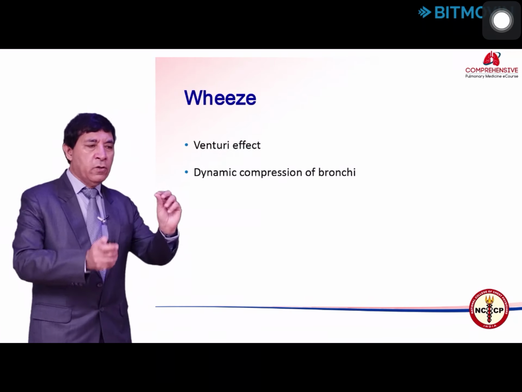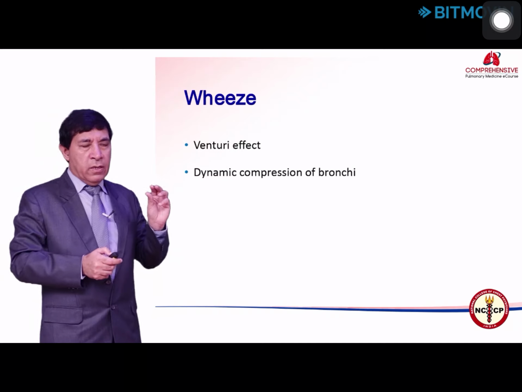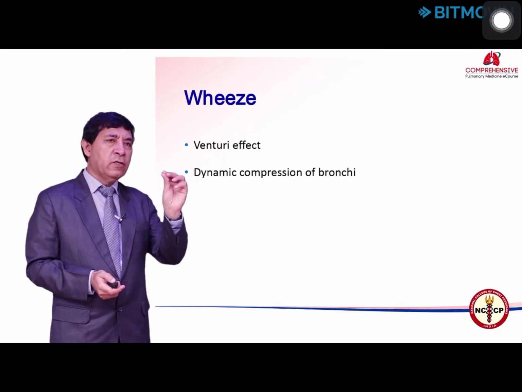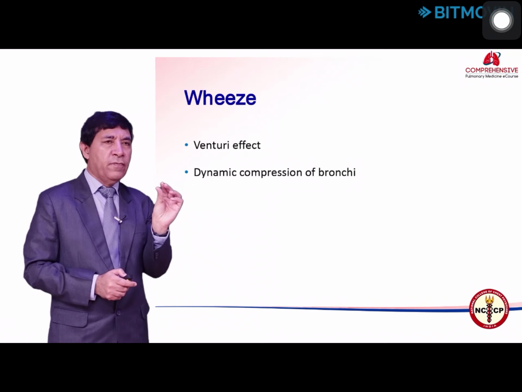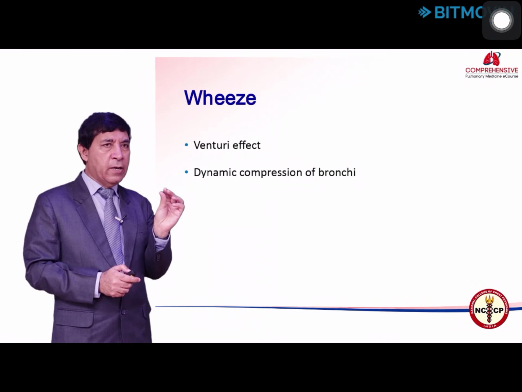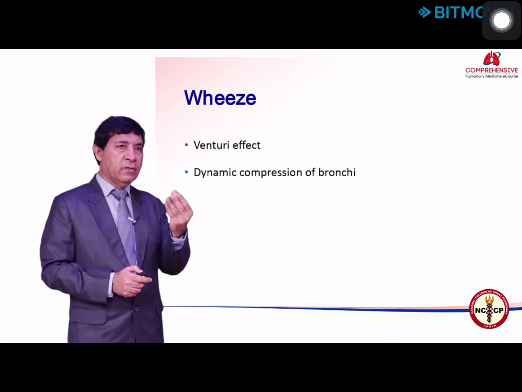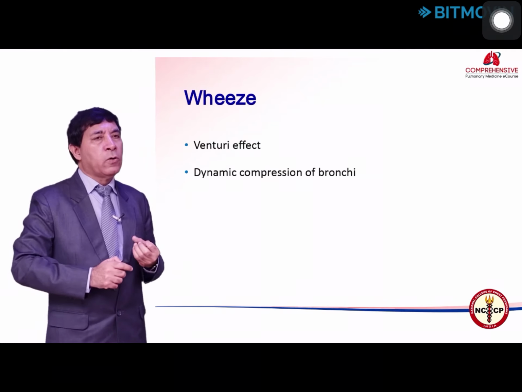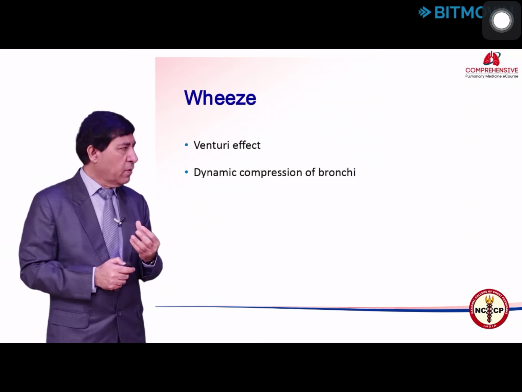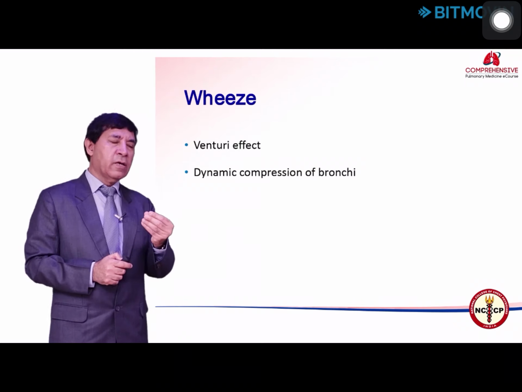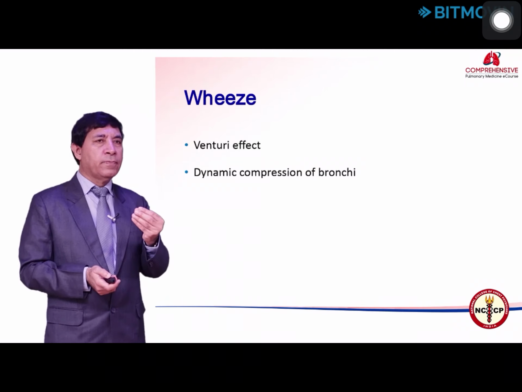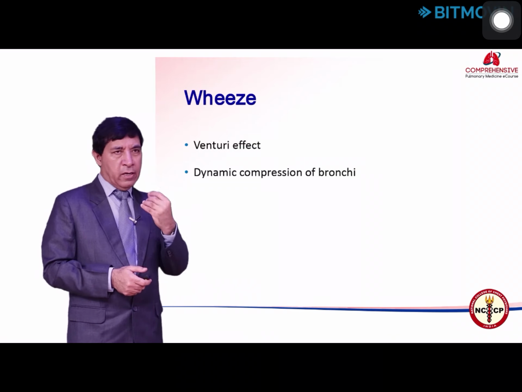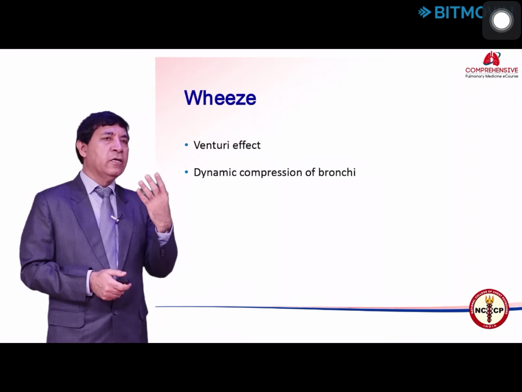So whenever you have a localized obstruction, it will act like a Venturi, because when the air moves at the stenotic segment, there is a significant drop in the pressure at that point, and this drop in the pressure results in further narrowing of that segment, leading to complete closure. We call it a dynamic compression of that segment. And when there is a complete closure, the airflow stops, and when the airflow stops, the pressure drop at that area also normalizes and it springs back.